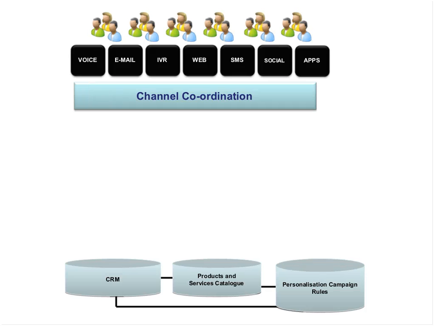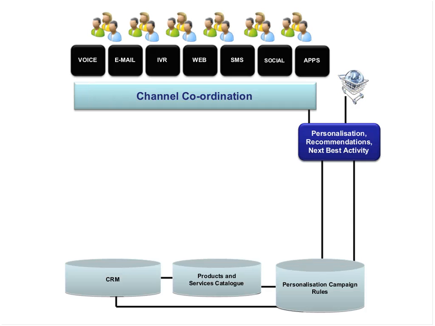Now, this idea of channel coordination is about providing a uniformity of experience. It ensures that each customer has access to the same products and services in the same way. So if I start my purchasing experience on my mobile, I can seamlessly pick it up by my desktop via a coordinated shopping cart. Customers can interact flexibly without having to start over again at any point in the process.